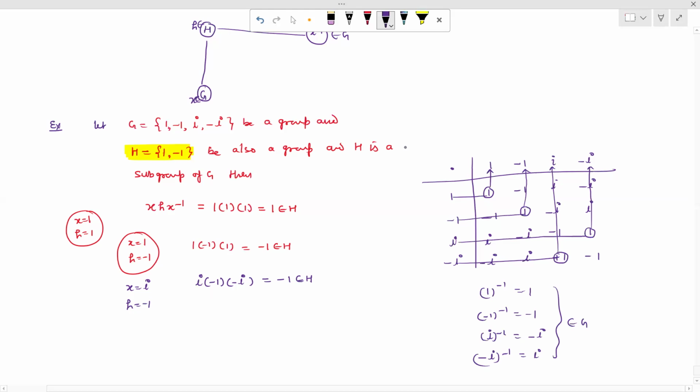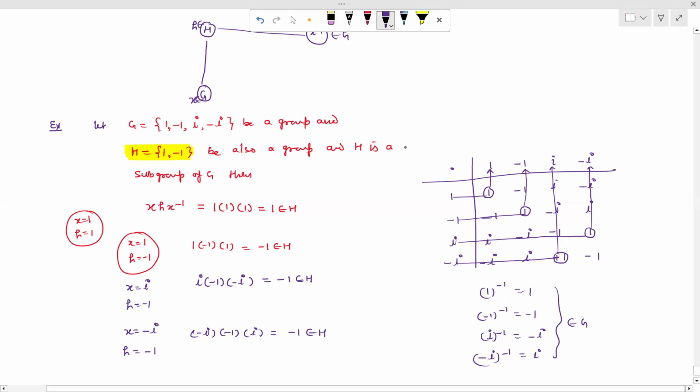Now similarly, you can check when we put x equal to -iota and h equal to -1. We can write down -iota into -1, where the inverse of -iota is iota. So this also gives us -1.